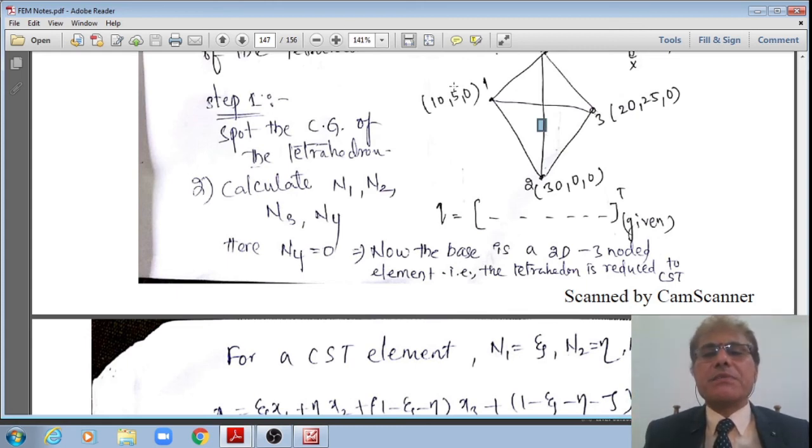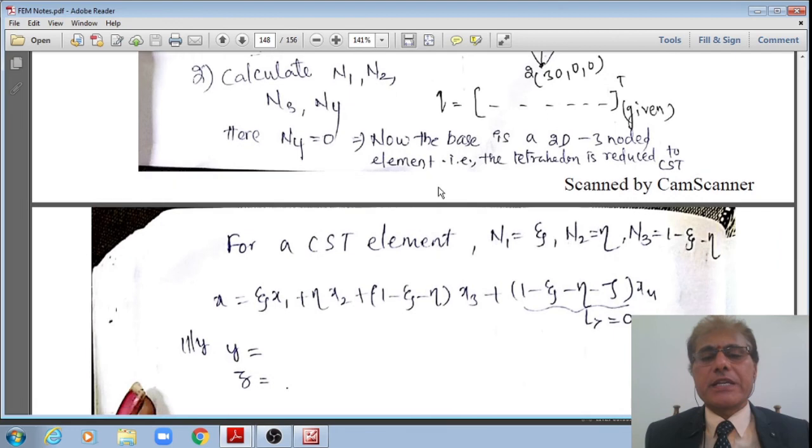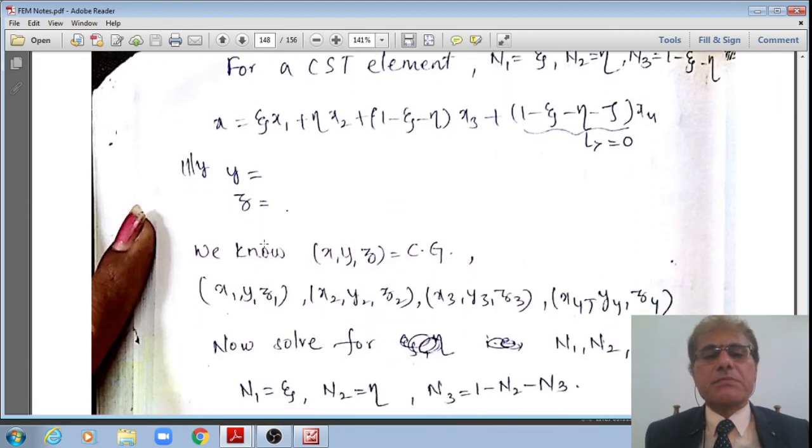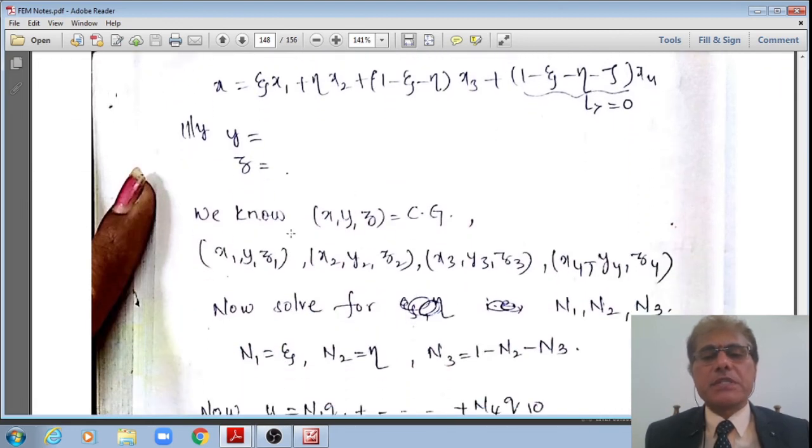Similarly, the displacement along y direction is 5 multiplied by 1 by 3, 0 multiplied by 1 by 3, and 25 multiplied by 1 by 3. Therefore 30 divided by 3, 10 along y direction. Similarly, the displacement along z direction is 0 multiplied by 1 by 3, 0 multiplied by 1 by 3, and 0 multiplied by 1 by 3. Means it will not displace in zeta direction. That is how the displacements can be interpolated.